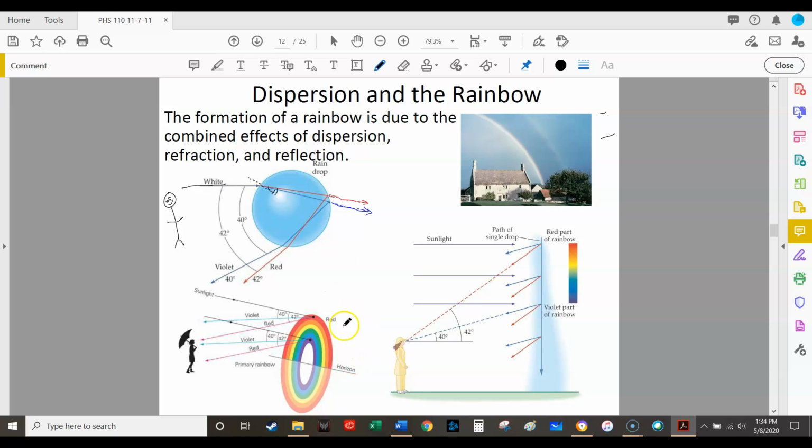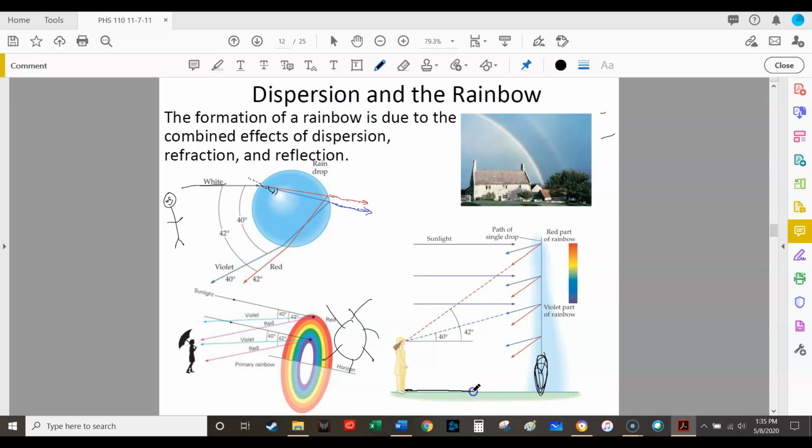So I'm going to actually draw the sun directly behind you. It's got to be directly behind you, and you will see a rainbow. You'll see a rainbow right here.